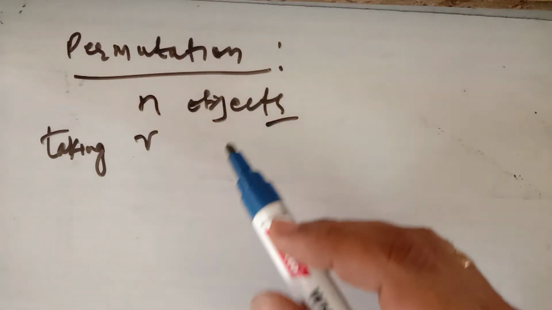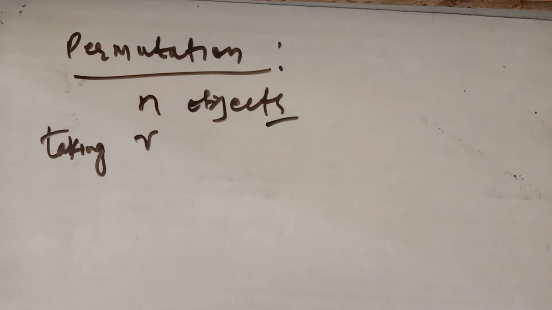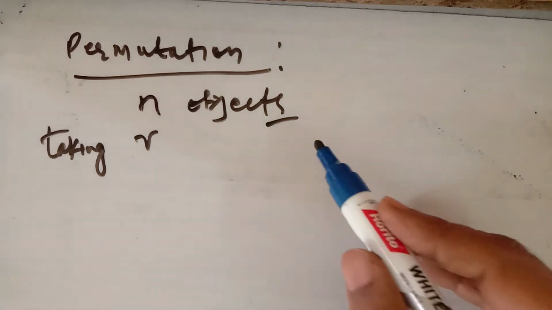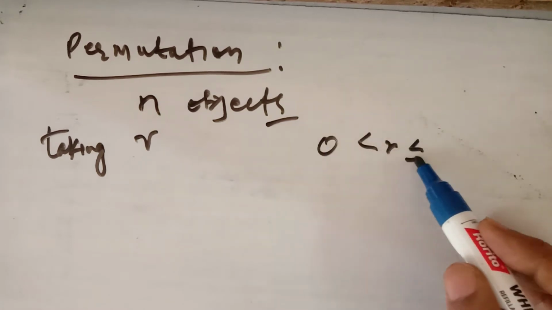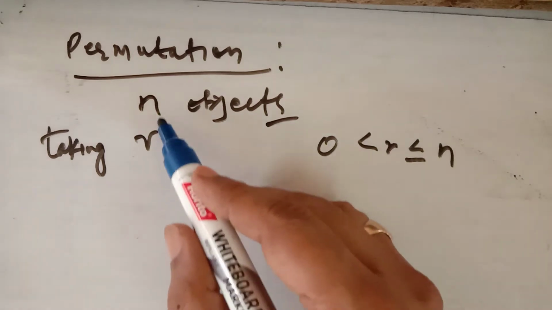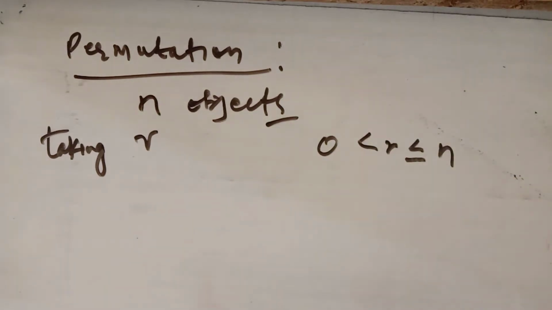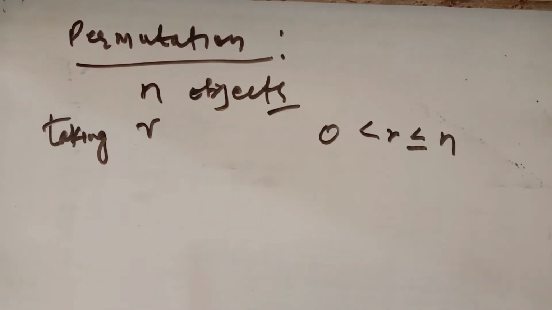Out of those 10, we have to arrange only 4. So in how many ways can they be arranged in a line? And r is always greater than 0 and less than or equal to n. The r cannot be greater than n. And the repetition is not allowed, that is, the object cannot repeat, is the number of arrangements.